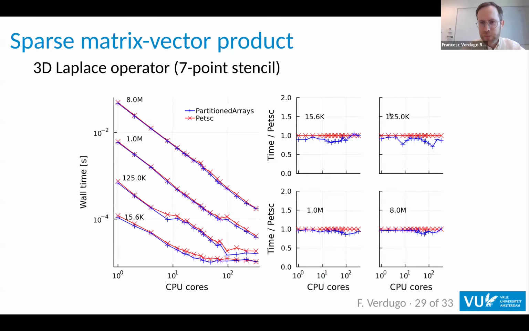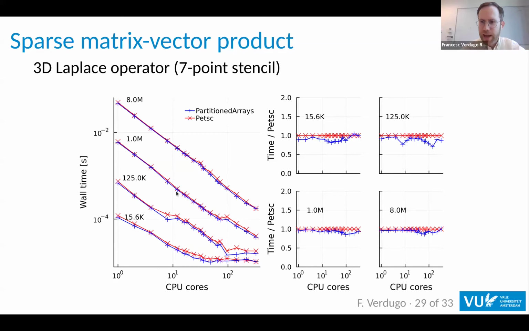Now regarding performance, I have some slides to talk about it, and here I'm showing some kernels implemented in the library. This is the performance of the sparse matrix vector product. Here we are multiplying a very large matrix times a large vector in parallel. This is a strong scaling example in which you see the wall time versus the number of CPU cores for different problem sizes.